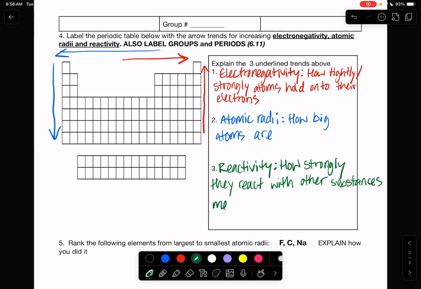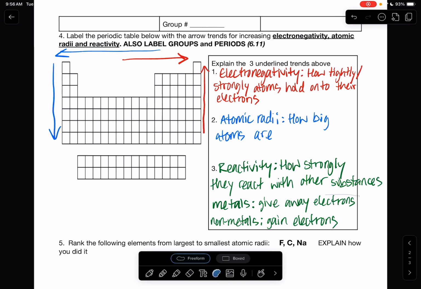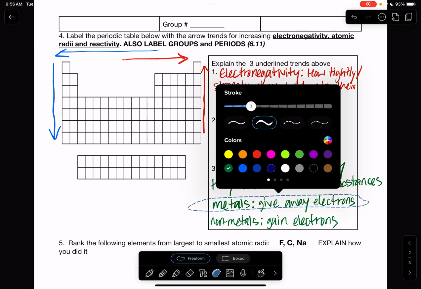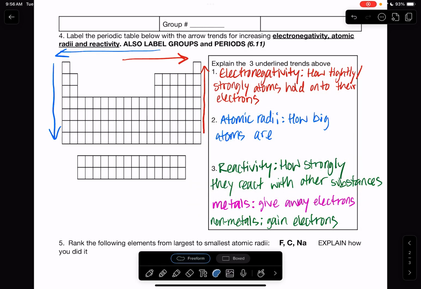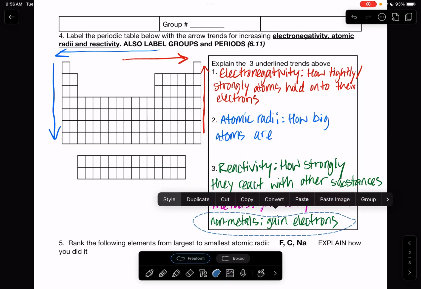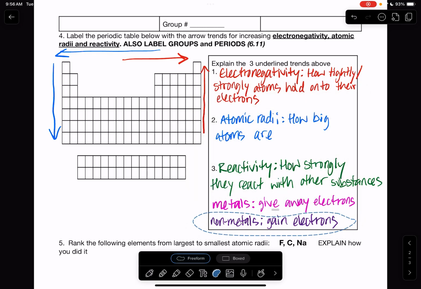And then we have metals give away electrons, nonmetals gain electrons. So, actually, let me make this a different color. Let's just go with this so we can show these trends too.